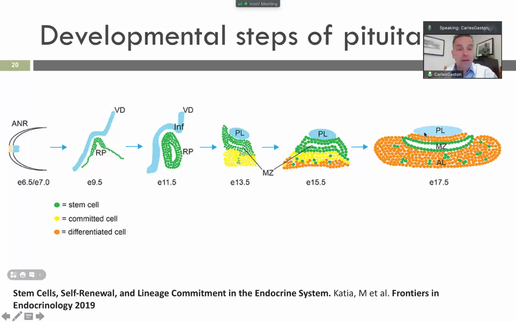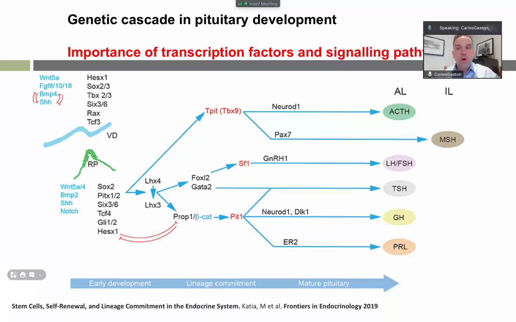If you would like more information on the genes and the development, there is this review, it's very self-explanatory. So you don't need, guys, to understand this, right? Only 3 genes are important. But this is just to depict, as I've shown you before, the Rathke's pouch that will become the future pituitary.